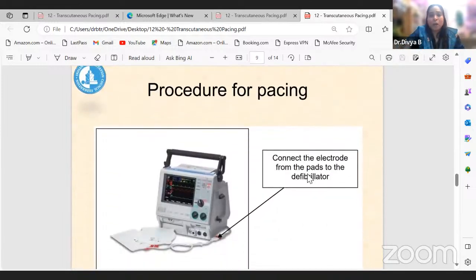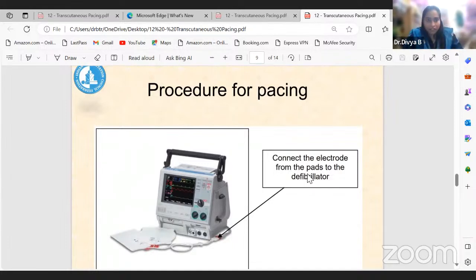And yeah, one important thing I would like to tell here is your defibrillator can work either as a defibrillator or a pacer. You can't use both functions on the same machine at the same time. This is absolutely important. To connect the pacing option, you need to disconnect the defibrillating option. There's a wire for your paddles.